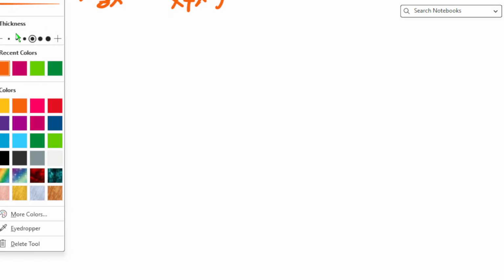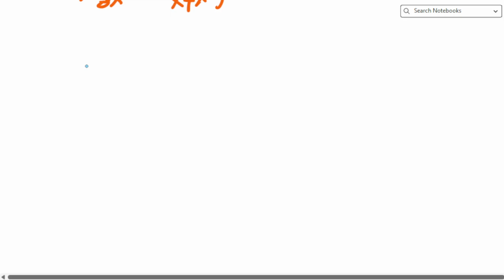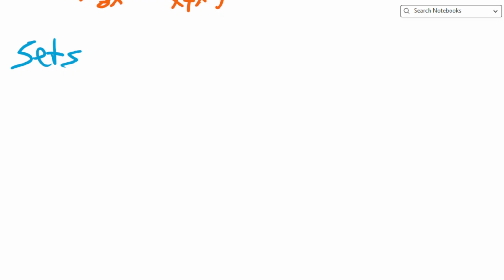There's 2 more things we will look at here, and then we will be done with section 3, at least for the notes, and then we'll have the examples, and that will be sets.